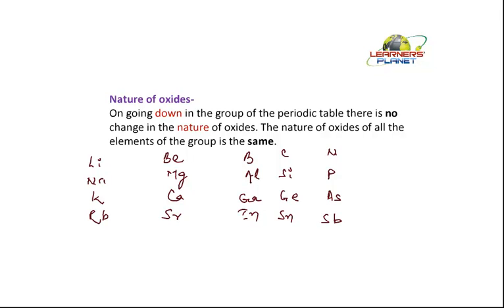So at any point of time, you just remember whether a given substance is a metal or a non-metal. Non-metal will form what? Acidic oxide. Whereas metal will form what? Basic oxide.